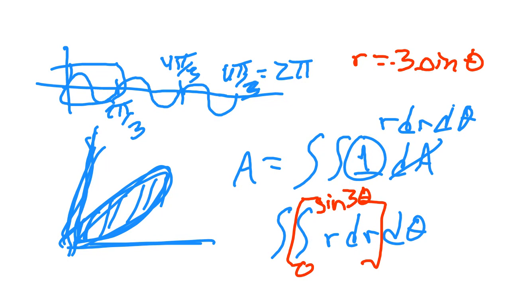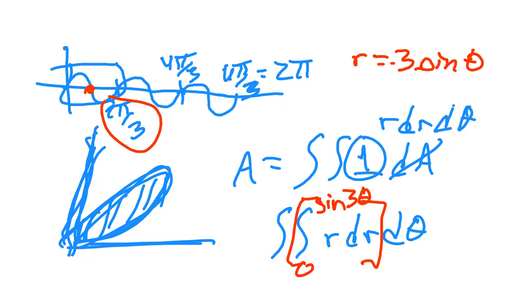And then what's the theta go from? Let's see. Well, 2 pi over 3 is a full rotation, right? What gets us back to 0?